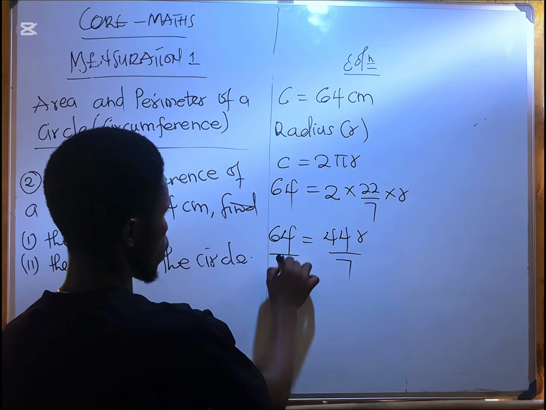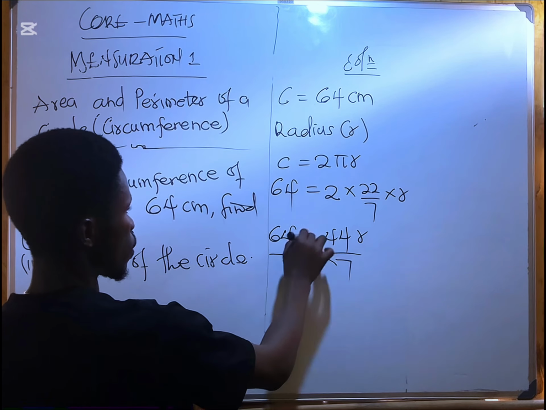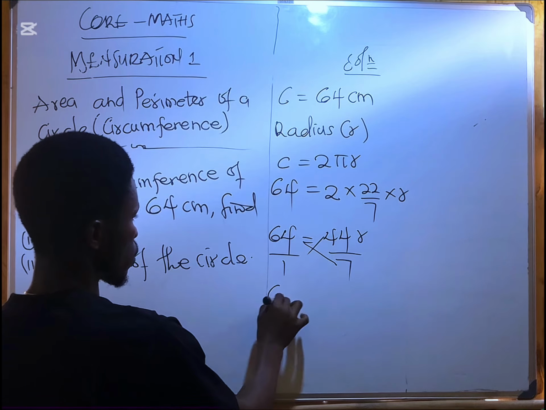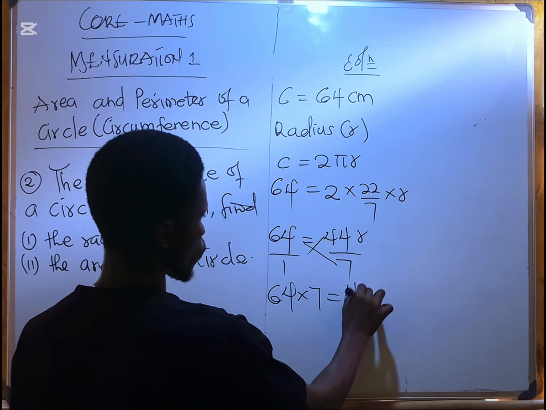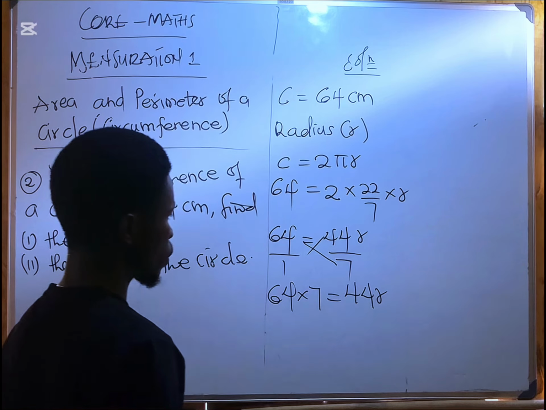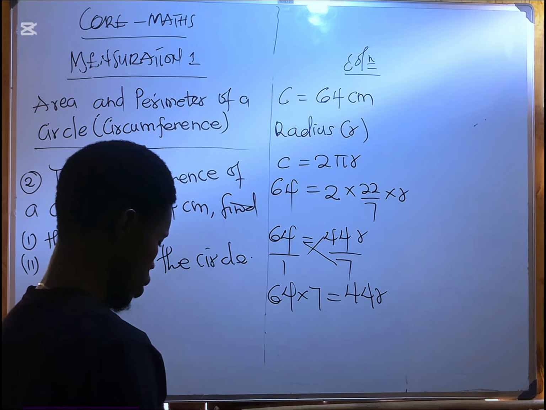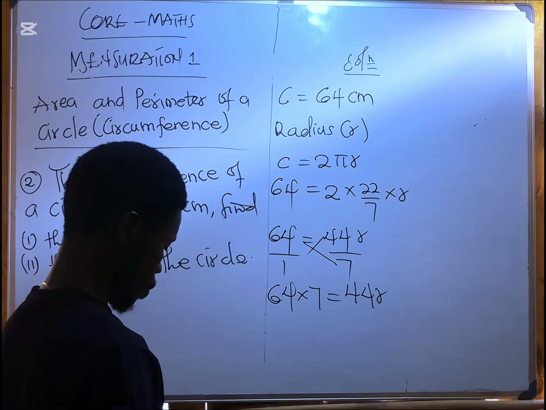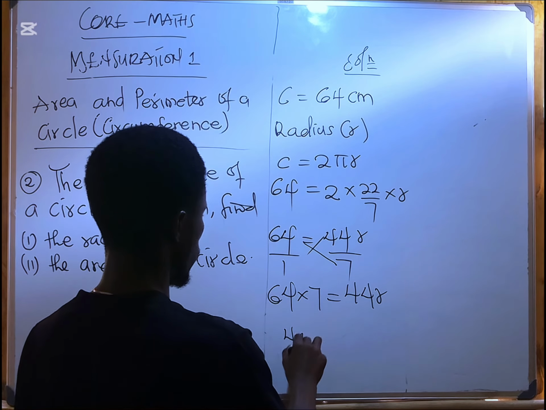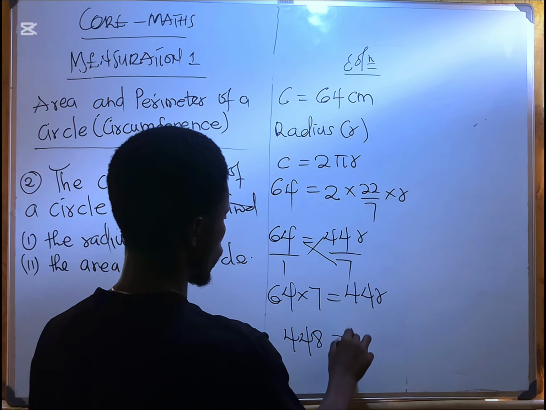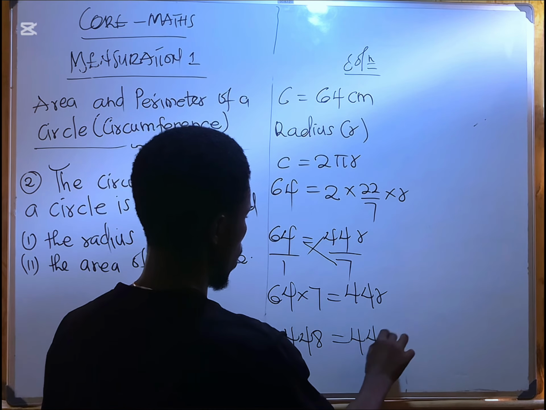Here, cross multiplication: I have 64 times 7 equals 44r. 64 times 7 is 448, so 448 equals 44r.